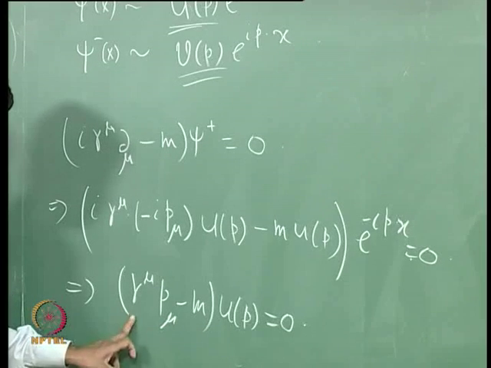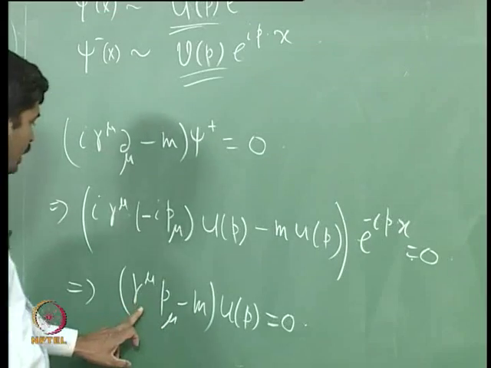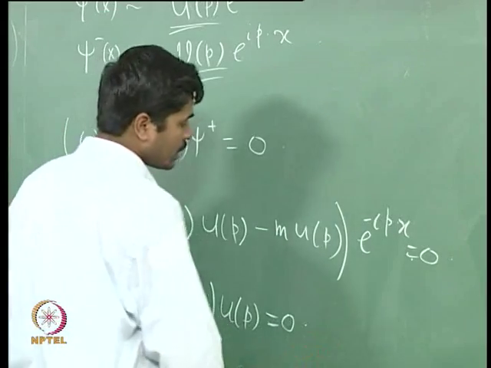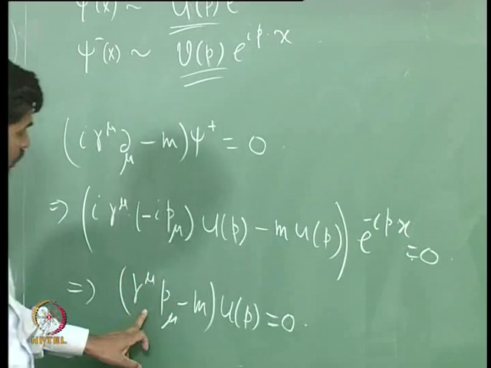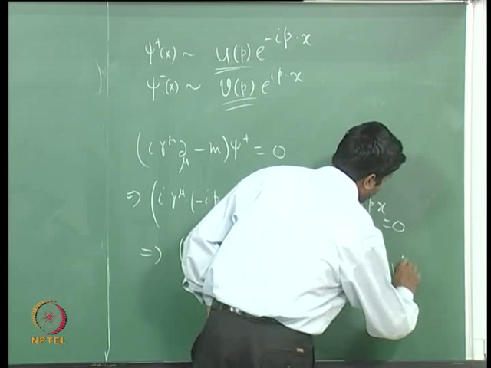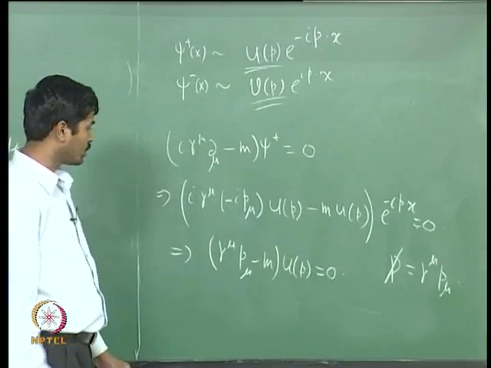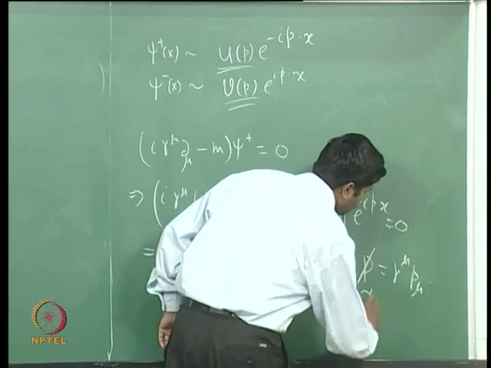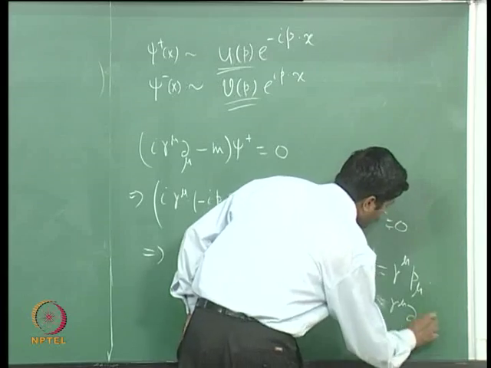Contraction of gamma mu with various operators will appear quite frequently. I will use the symbol slash to denote contraction with gamma mu. For example, I will denote p slash for gamma mu p mu, and so on, and del slash for gamma mu del mu.